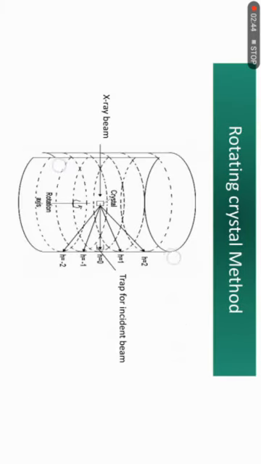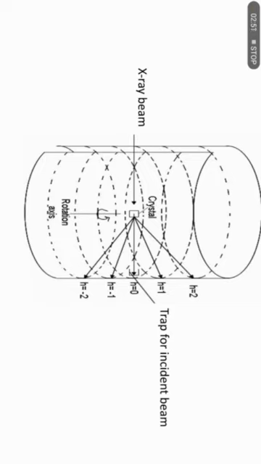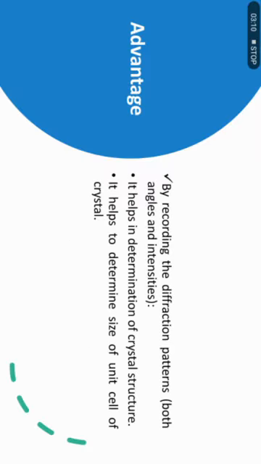The pattern h equals 0 signifies the undeviated plane, and h equals 1, 2 has some changed hkl value. We can use the spacing, the difference of h, to determine the lattice parameters. So by recording the diffraction pattern, both angles and intensity, it helps in the determination of crystal structure. It helps to determine the size of the unit cell of the crystal also.